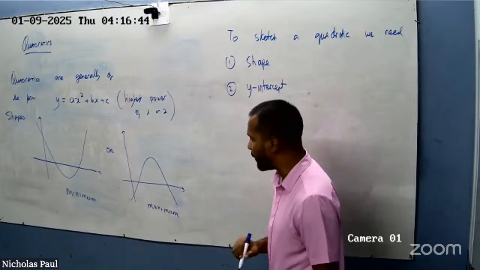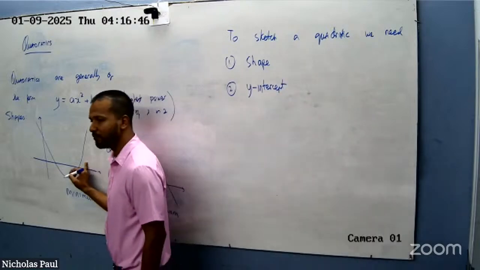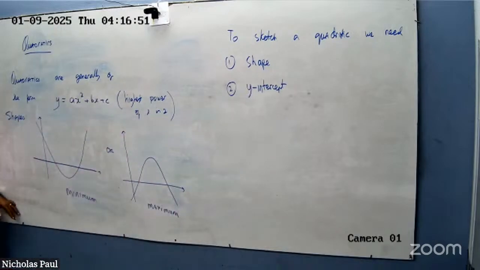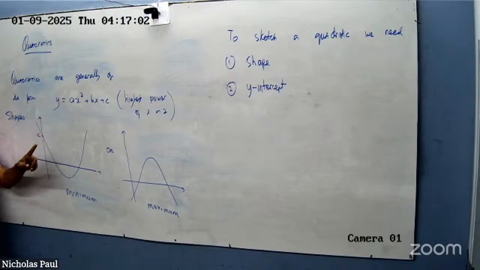Anybody can tell me where the y-intercept is here? Right here, that's your y-intercept, it's still c. So we need the y-intercept, and we need the shape.